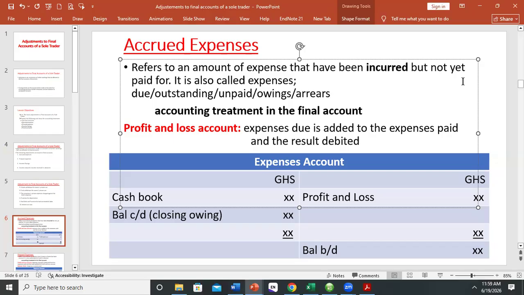Okay? So can you give an example? A practical example where you can conclude that this is an expense accrued or prepaid. Anybody to try? Feel free, say anything. We are learning, so nothing is wrong, right?